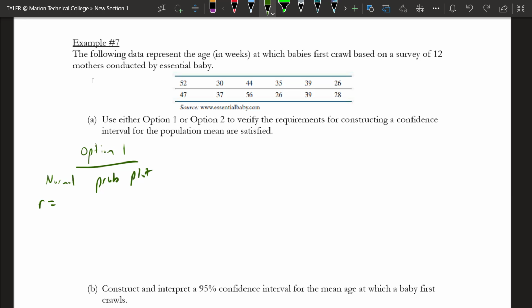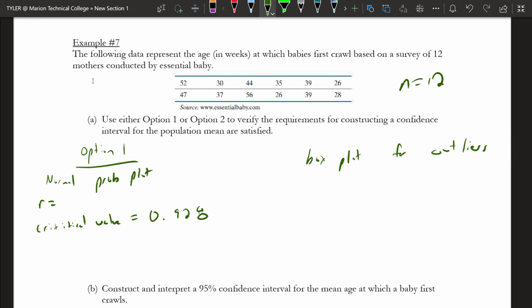And if you look in table 6, the critical value for n equals 12, that's equal to 0.928, right? So we're going to need that to be true. And then we also need to look at a box plot for outliers.